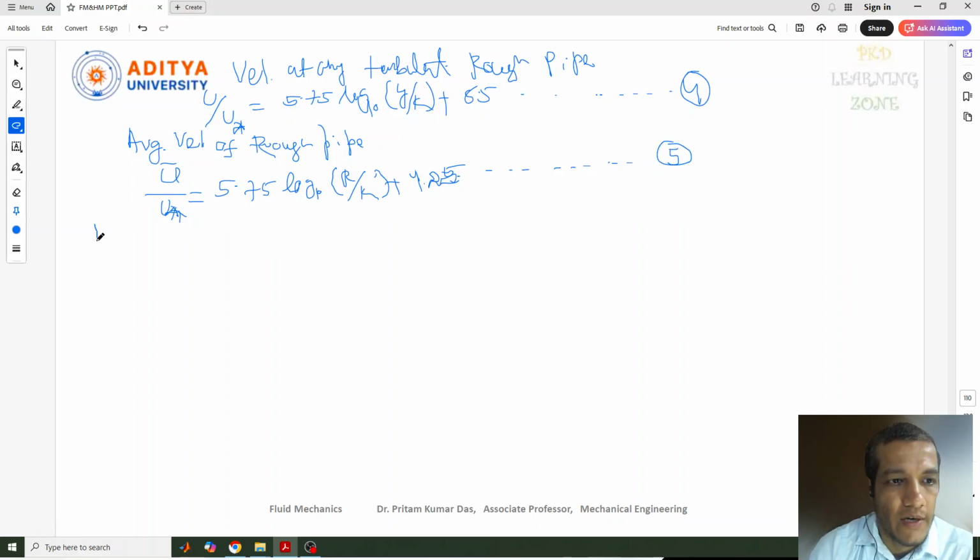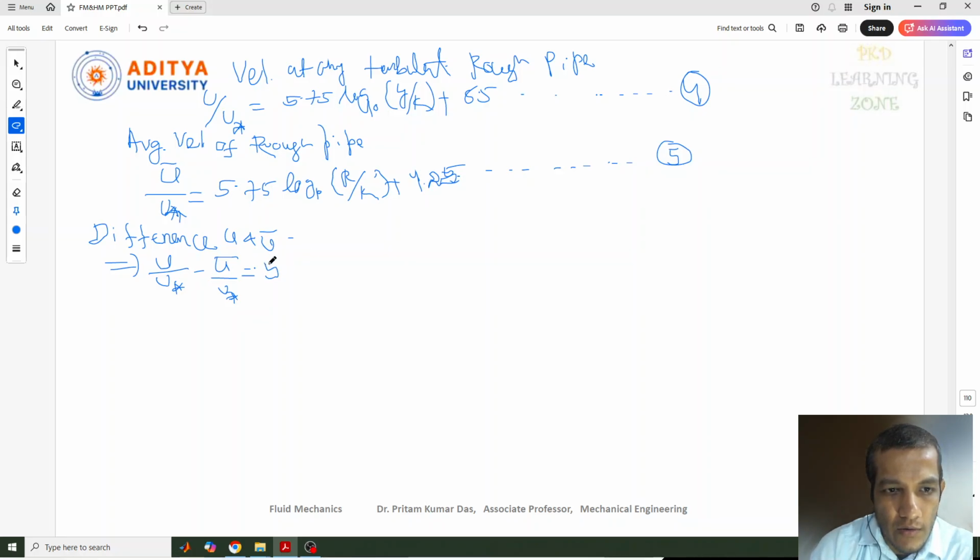Now what is our motto? We need to find out the difference between these two, between u and u bar, that means the velocity at any point and the average velocity. So we can write here, u by u star minus u bar by u star equal to, same thing, just copy paste the equation what we have written here.